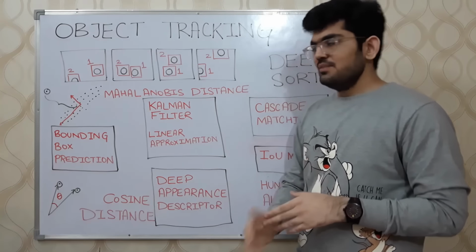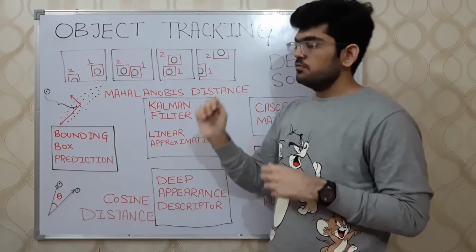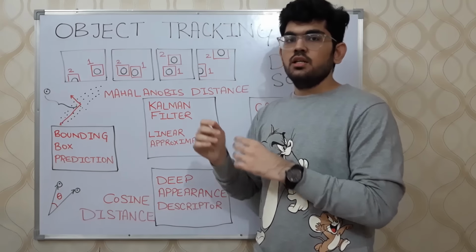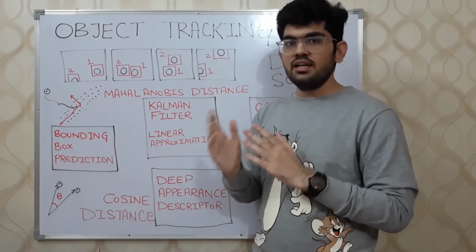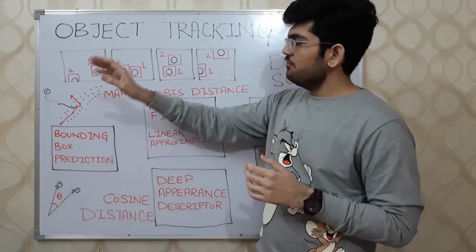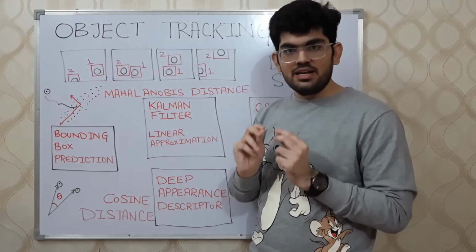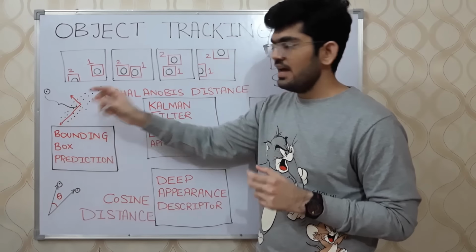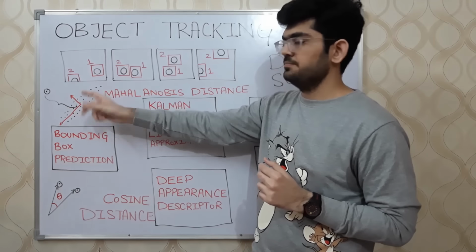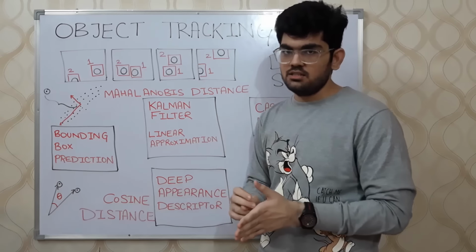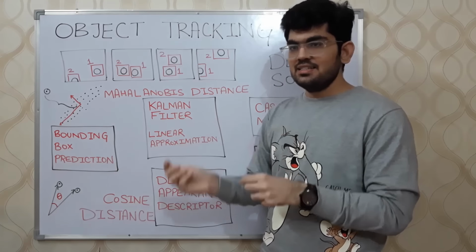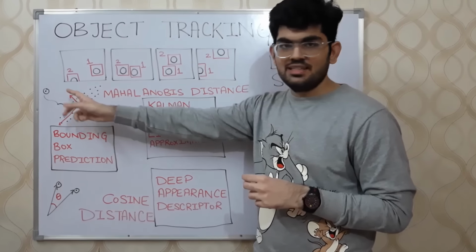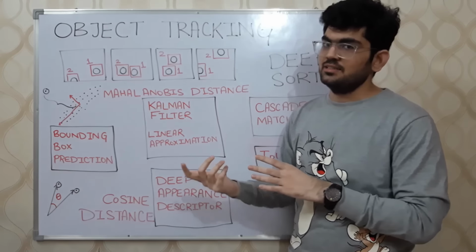In very simple terms, for a 2D version, what Mahalanobis distance does is compute the two directions in which the data spread is the highest. For this case, we can see the data spread is the highest in this direction and in a perpendicular direction. Then we normalize and transform the coordinate axes in such a way that these two directions become the coordinate axes.